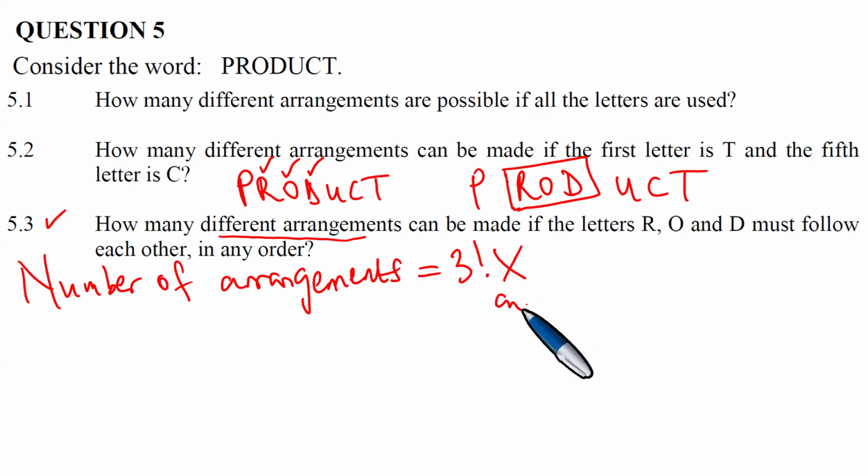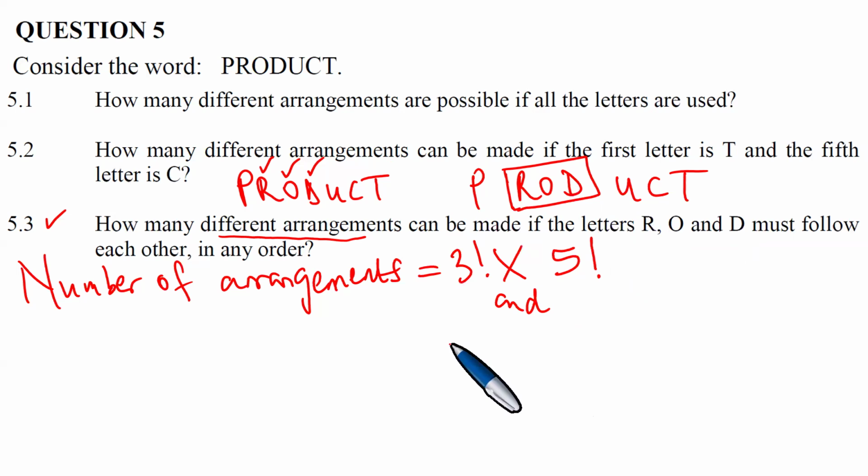And after that, we're left with P, U, C, T, but each of these is like 1 letter, the ROD as 1 letter. So we have 5. But all of these are different. P occurs once, U occurs once, C and T both occur once. ROD occurs once, and therefore we have 5 factorial ways of organizing this.